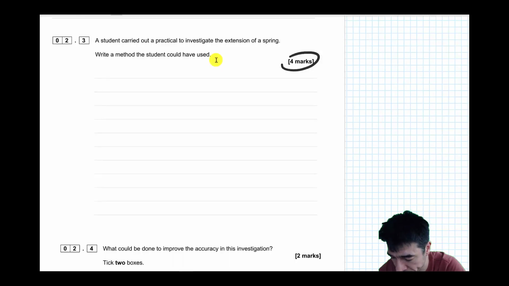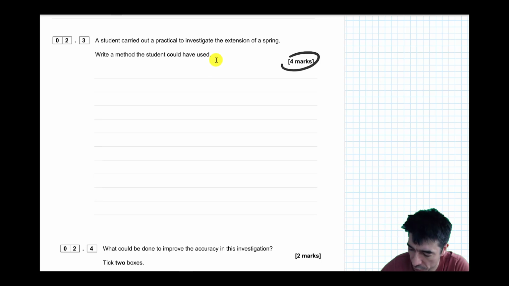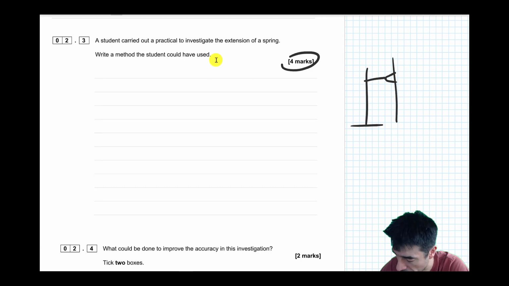Right, so there's a couple of things we need to mention, right? So if I draw a quick picture, you set up a clamp stand with a boss which holds your meter ruler. You could set up and make sure your meter ruler is straight as well. Like you see, I've drawn this and it's kind of wonky. You need to make sure your meter ruler is straight.